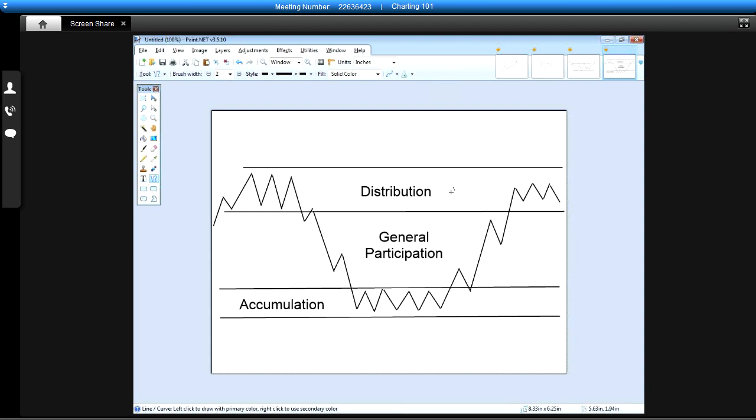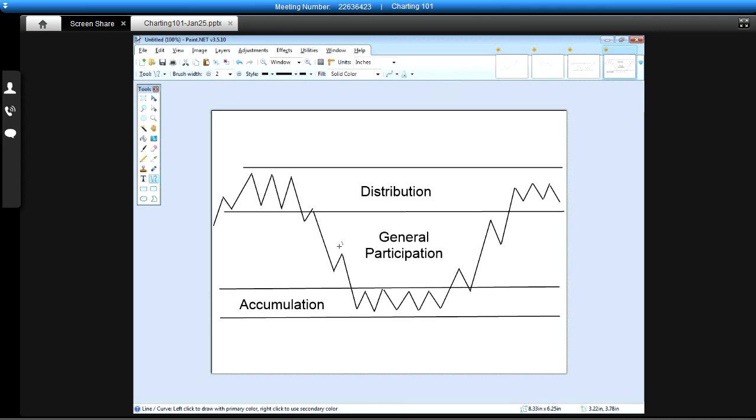And then we also talked about the different phases of a stock. You have the distribution phase, which is usually at the top of a trend, and this is where market makers will start to get rid of their inventory, or the stocks that they've accumulated.